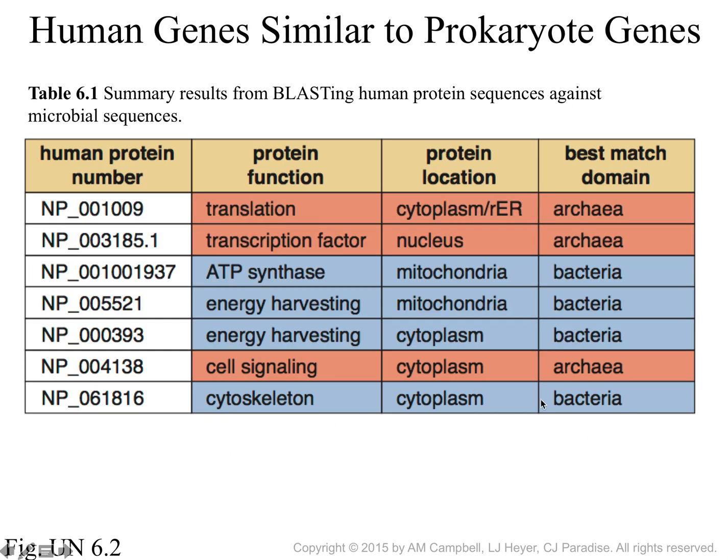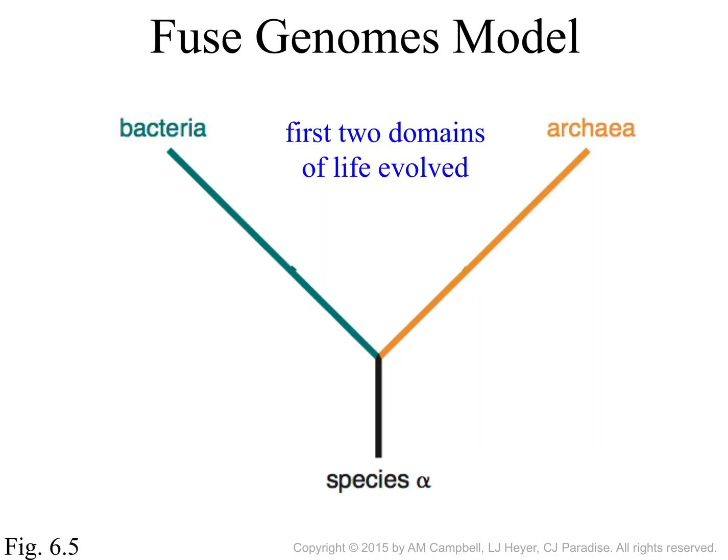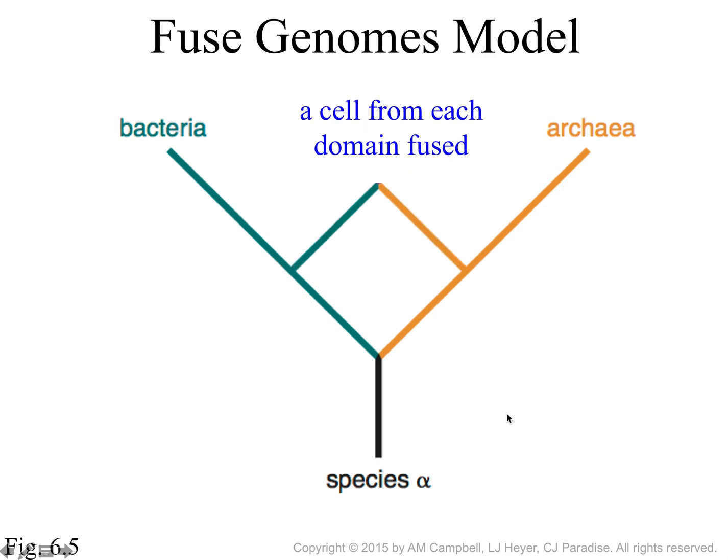So if we put it all together, again, these are functions that all cells do. All cells translate protein, all cells transcribe DNA, all cells can convert energy from one form to another, all cells do some kind of signaling, all cells have some form of cytoskeleton, and it's a mix in that some of these genes look like archaean genes and some of these genes look like bacterial genes. So how do you figure it out? So if we look at the ancestor of all species on Earth, and then there's a split between bacteria and archaea.